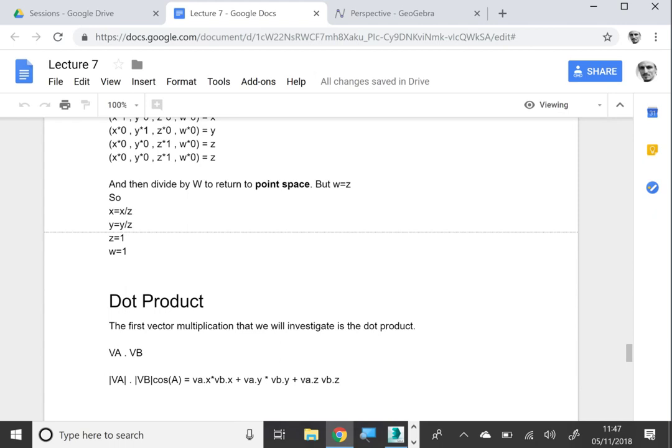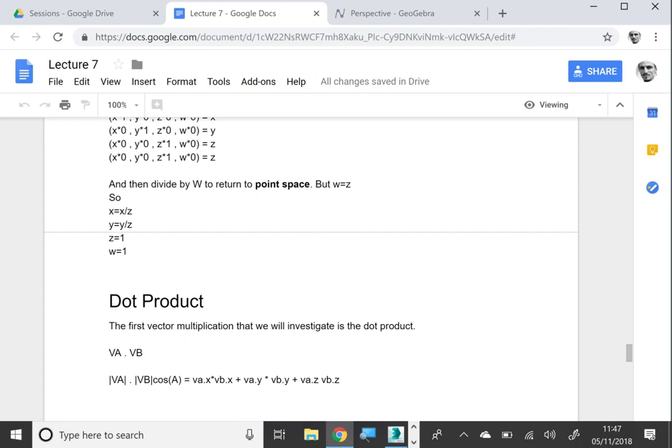So the homogeneous coordinate is this extra W. It's used to encode whether or not we're dealing with positions or vectors. It seems very arbitrary that it's encoding this information, but the reason that it does is that it actually leads us to be able to do perspective projection.